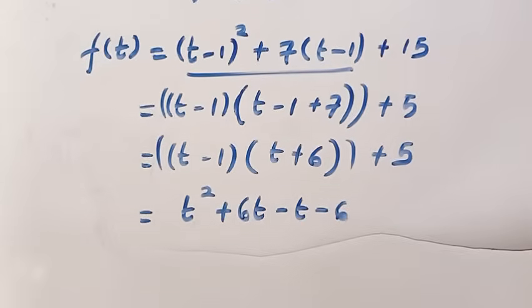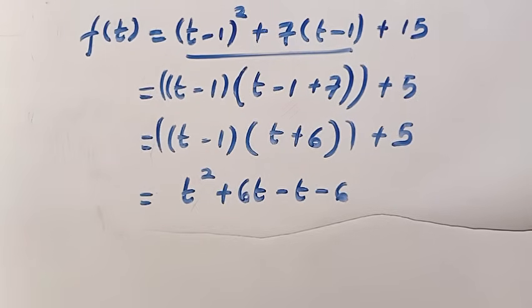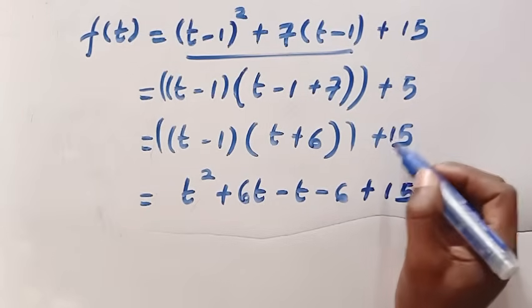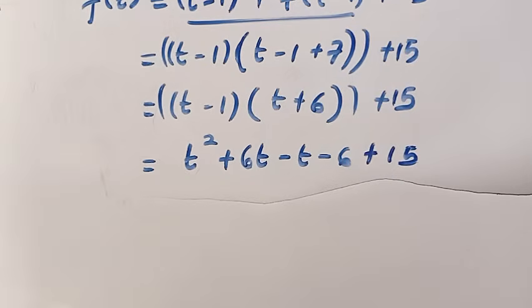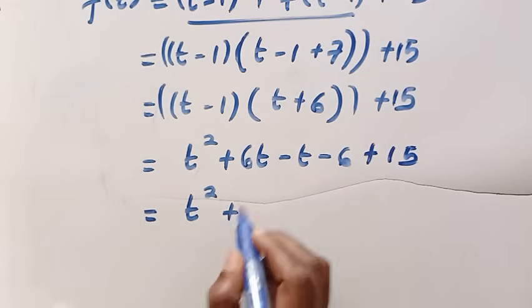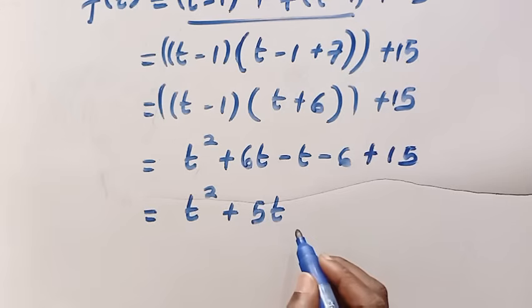Then plus 15, so this is 15. Then on getting this, we have t² + 6t - t, that gives us 5t.